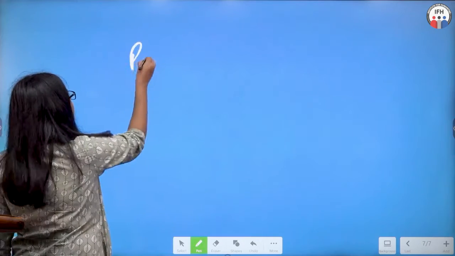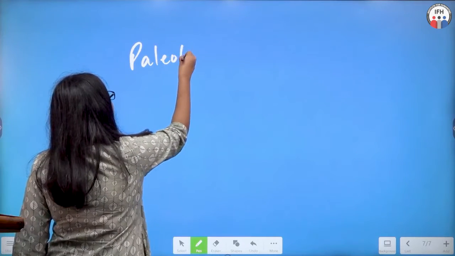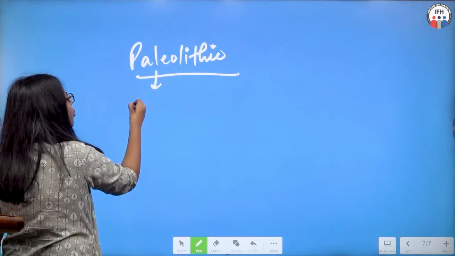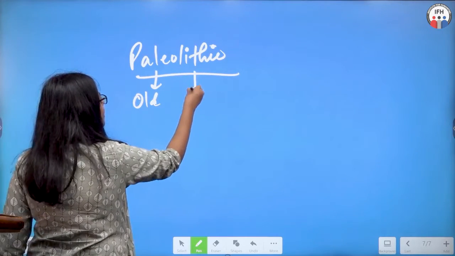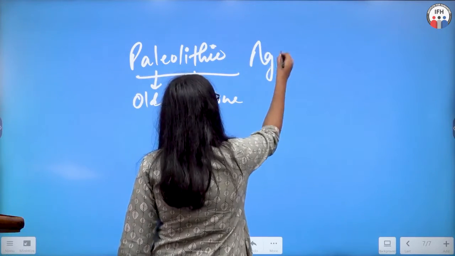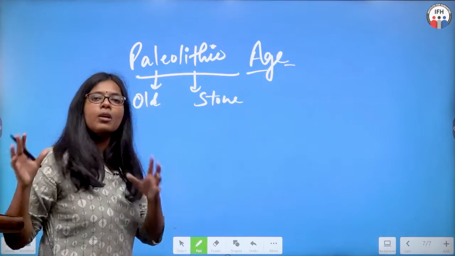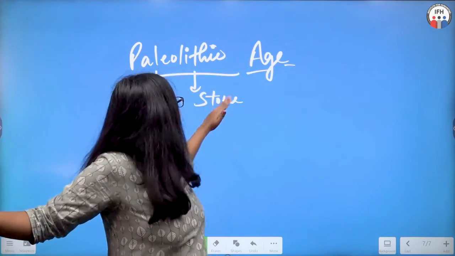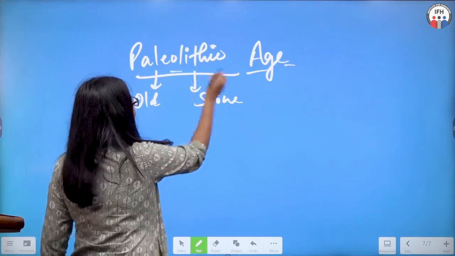So Paleolithic: Paleo means old, lithic means stone, age. So old stone age. This is what we are concerned about here. Why Lithic Age?